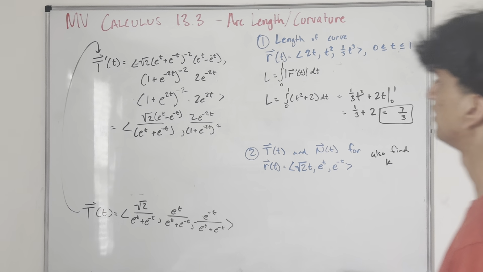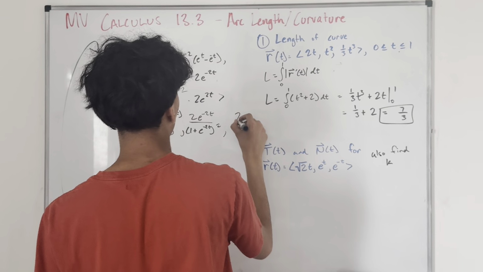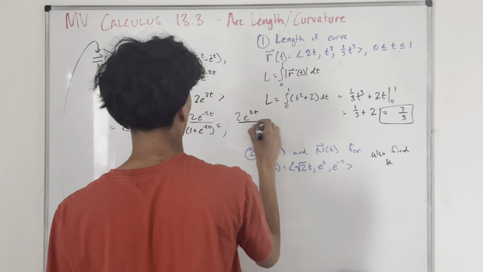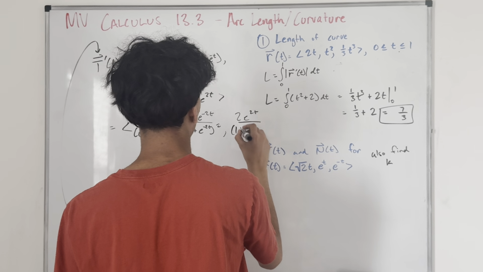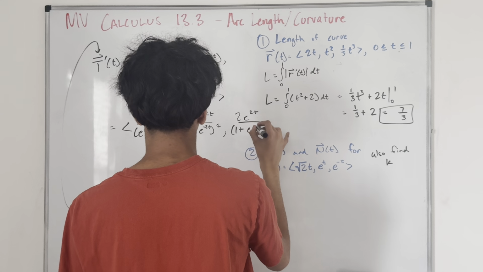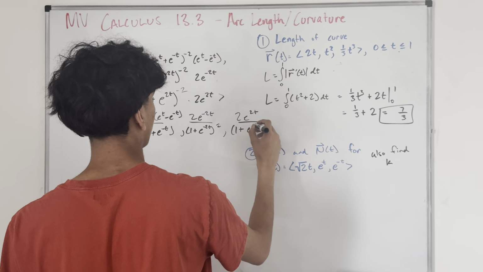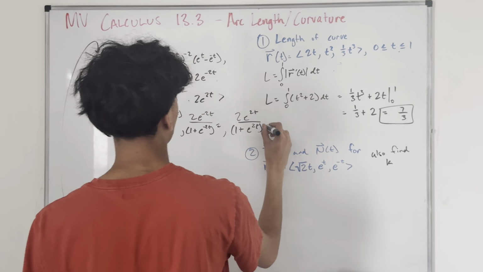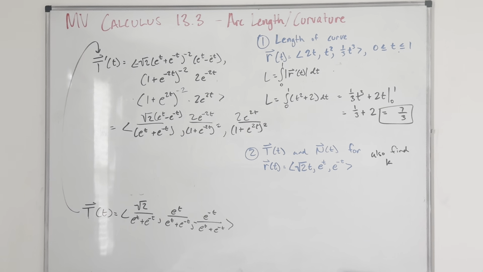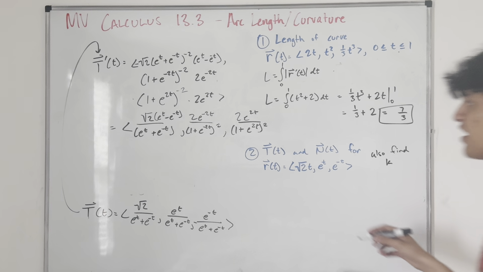And then I get 2e to the 2t over 1 plus e to the 2t, squared. That's the tangent vector, I think.